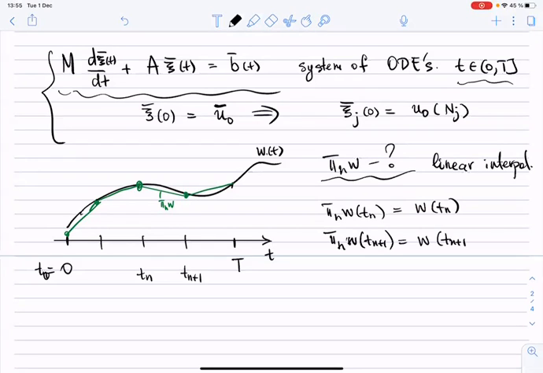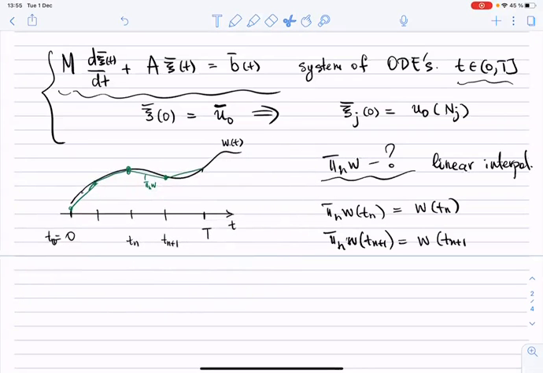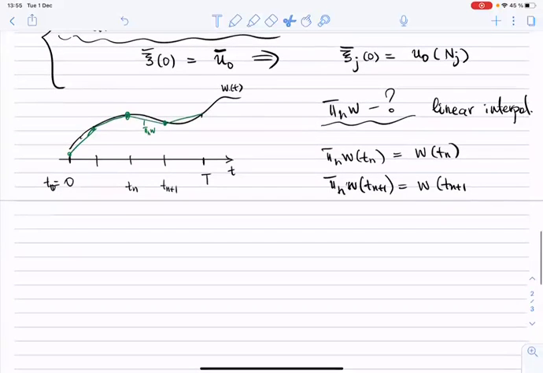So it's actually the definition of interpolant.